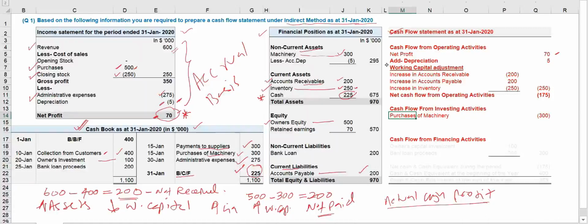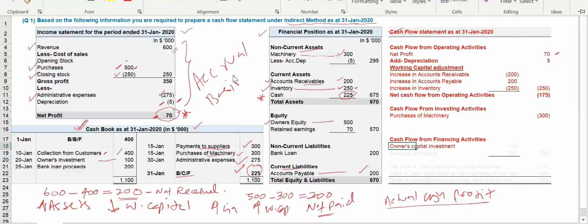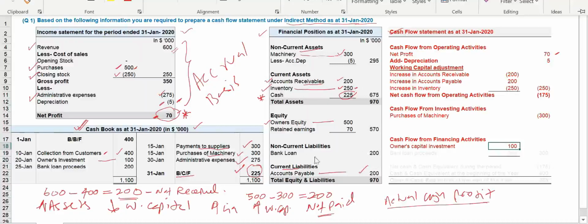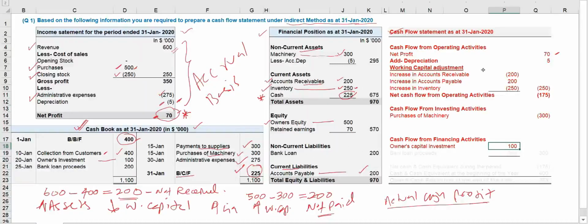So this we have to show under financing activity as owner's capital investment 100,000. Now this 500,000 consists of an opening balance of 400,000. This 400,000 represents the opening cash balance. This we will have to show separately at the end of the cash flow statement.